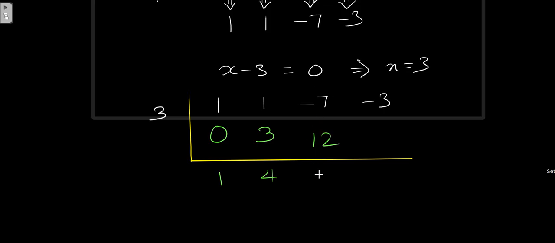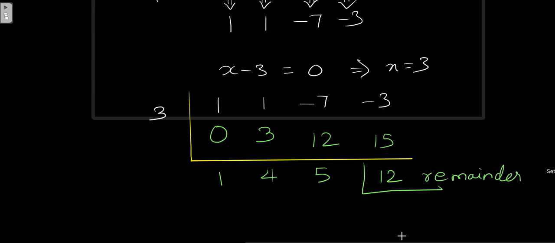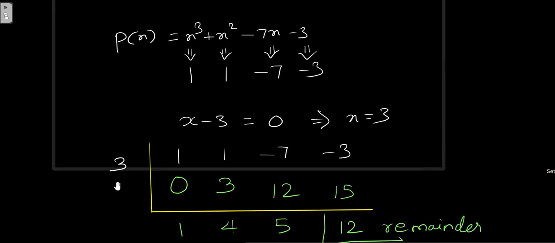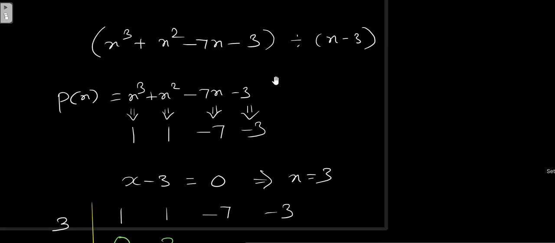So 1 plus 3 is 4 here. Then 3 fours are 12. Making addition will give us 5. 3 5s are 15. So now you get a remainder of 12.